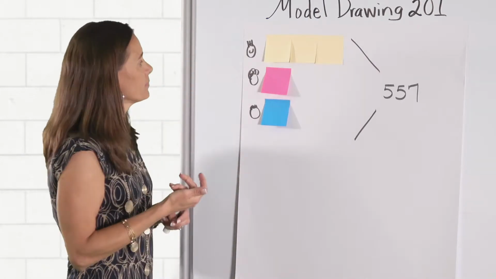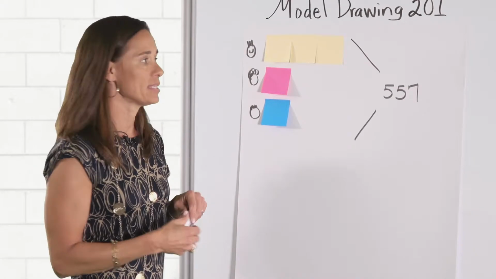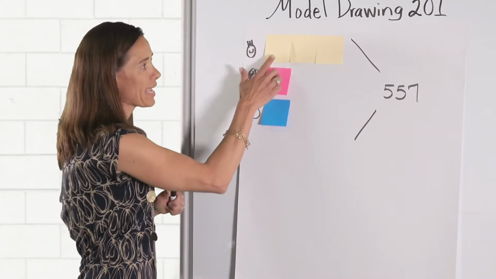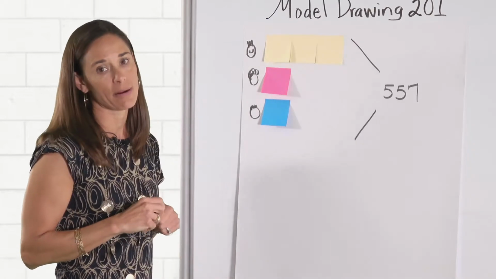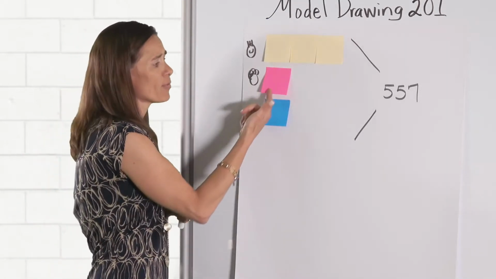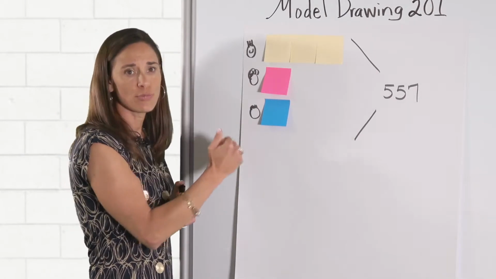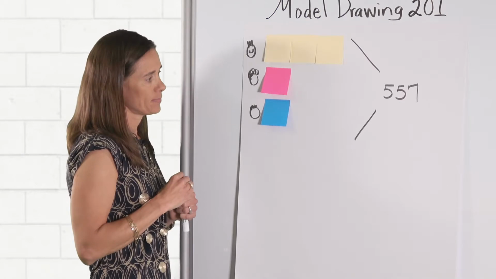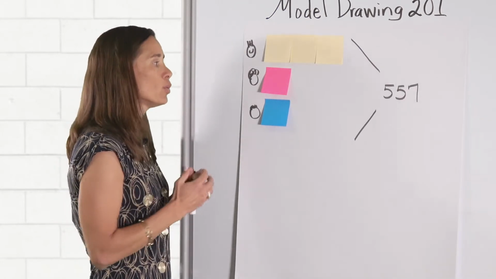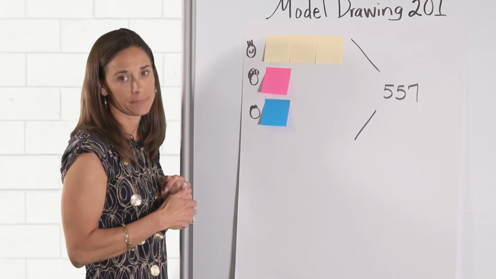So far, if we go back and read, we know that Spiky, Curly, and Buzz have a total of 557 marbles. Spiky has 3 times the amount of marbles as Curly has. We also know from our next sentence that Curly has 2 fewer than Buzz. So right now, visually, does that show what was represented by Curly having 2 fewer?